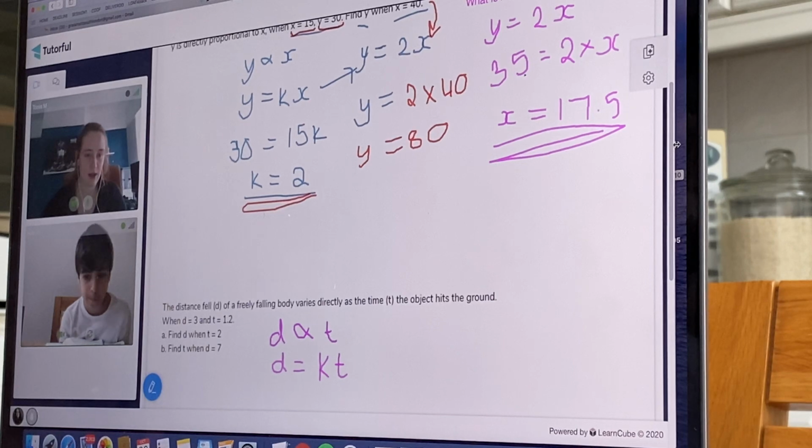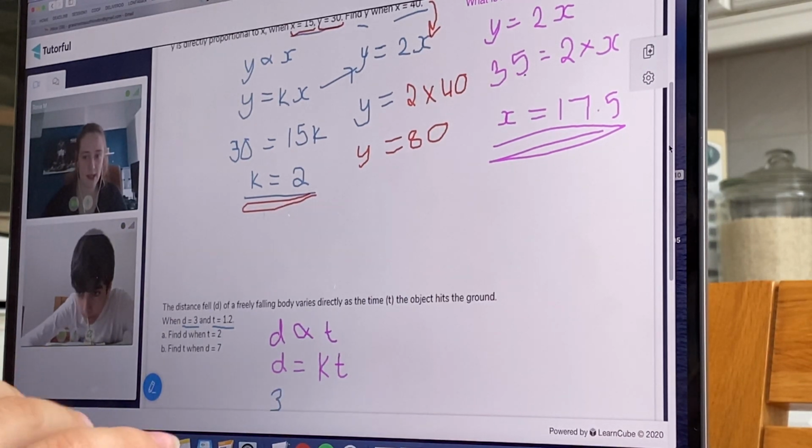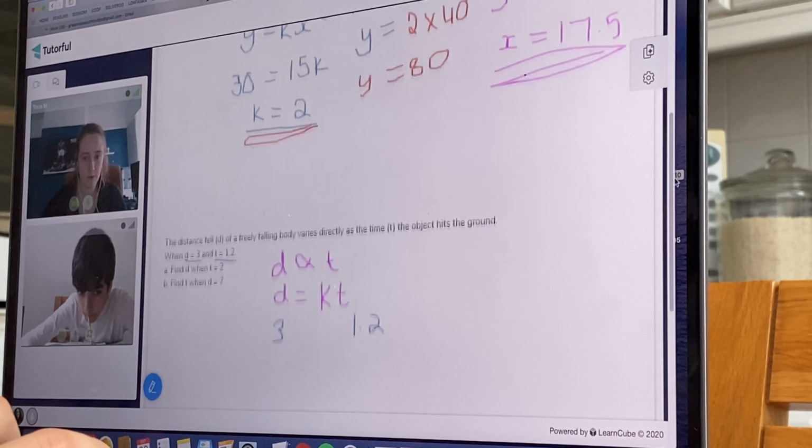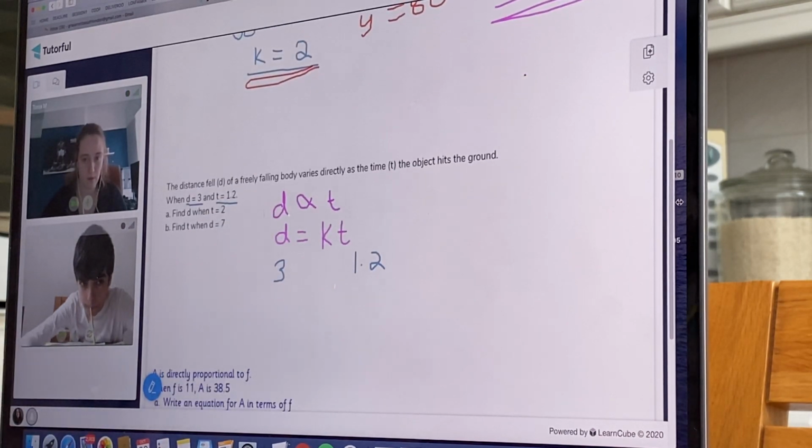Yeah? And then we've got two pieces of information that we can substitute into the equation. Where D is, we put the 3, and where t is, we put the 1.2. And now we get 3 equals k times 1.2.